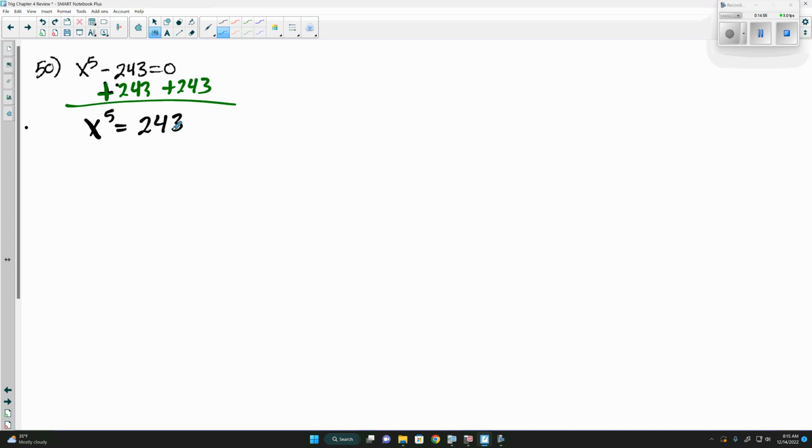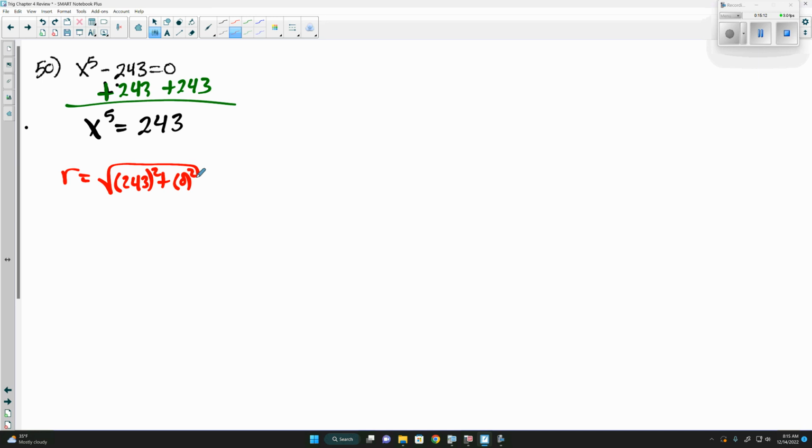And then we need to get this into polar form. So r is going to be the square root of 243 squared plus 0 squared, because b is 0. The number in front of I is 0.